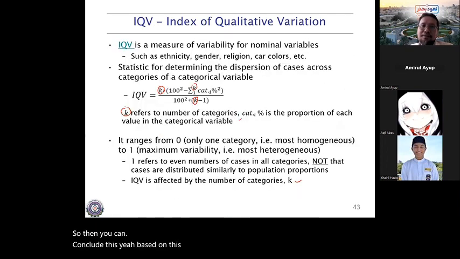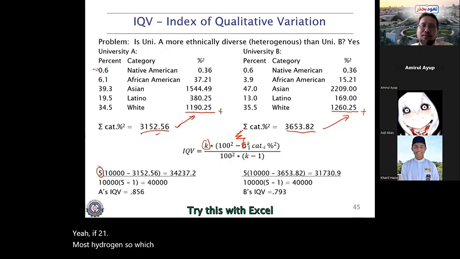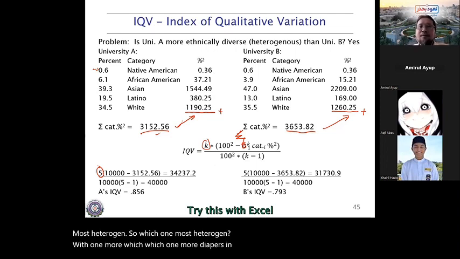It ranges from 0, almost homogeneous, to 1, most heterogeneous. So which one is most heterogeneous, A or B? Which one is more diverse in terms of ethnicity here?